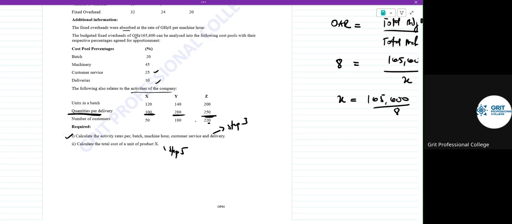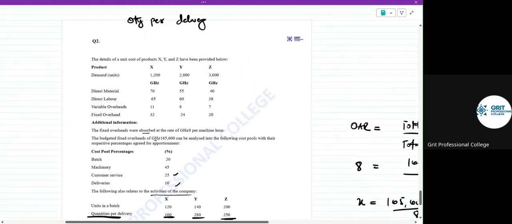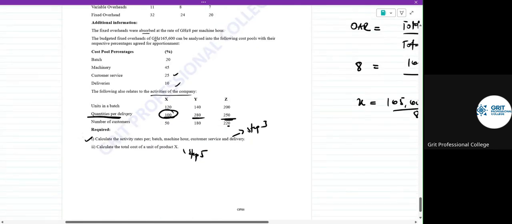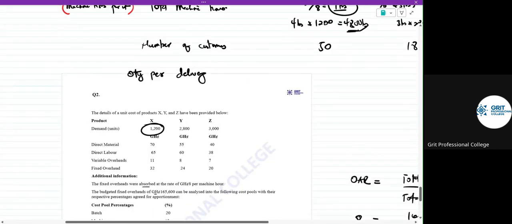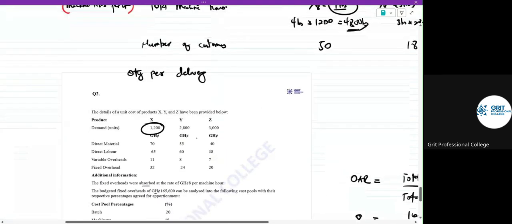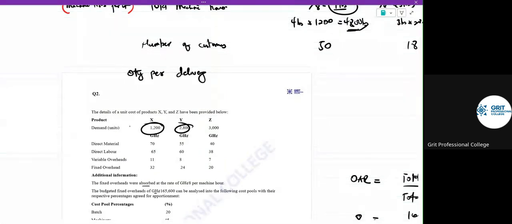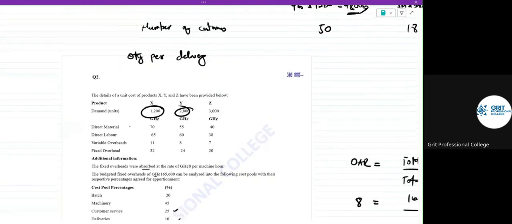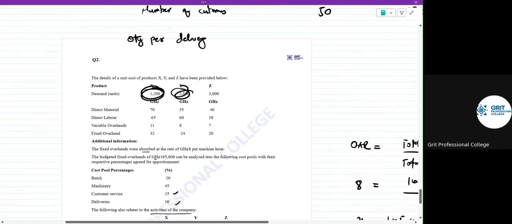So rather than quantities per delivery, we rather need what? The number of deliveries required to cover our entire production. This is just a part of our production. This is just 100 products out of what? 1,200. This is just 280 out of what? 2,800. We want information that covers everything. And that would be determining the number of deliveries needed to cover this, this, and this.